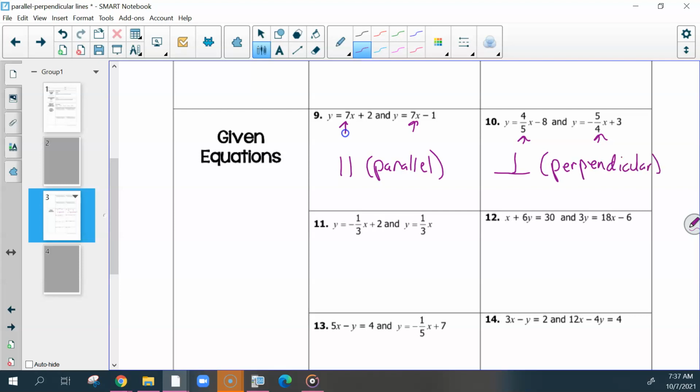You don't have to write both, I'm just reminding you those are the symbols for parallel and perpendicular. Yeah, you can put the symbols or you can write it out, either or.